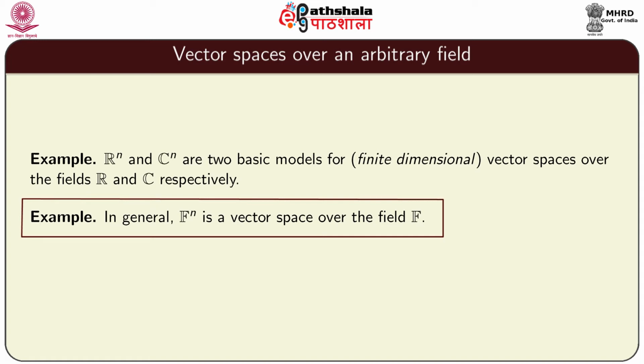So, if you take any field, not R or C or Q or Z_p in particular, suppose F is the field and you take F to the power n, which is the Cartesian product of F, n copies, then you can define the natural pointwise addition and the natural pointwise scalar multiplication on F^n, and F^n is a vector space with respect to these operations.